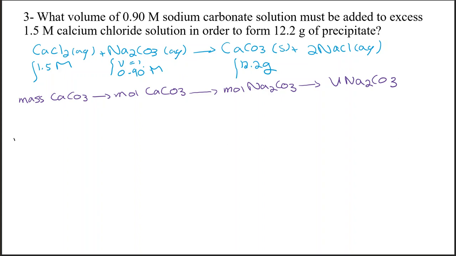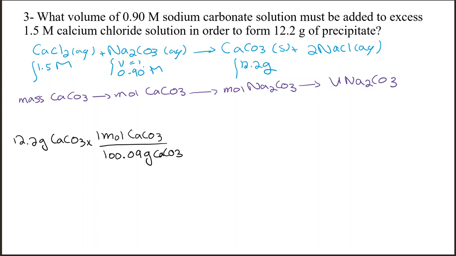So let's start with 12.2 grams of calcium carbonate. We're going to convert this to moles, so each mole of calcium carbonate is 100.09 grams of calcium carbonate. Now based on the balanced reaction, each mole of calcium carbonate is produced from a reaction of 1 mole of sodium carbonate.